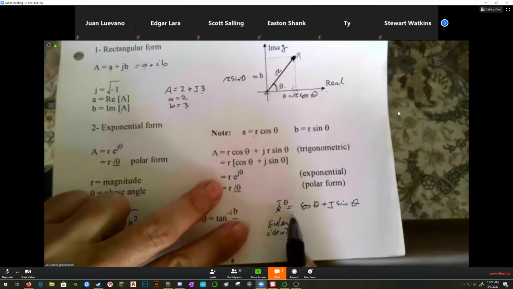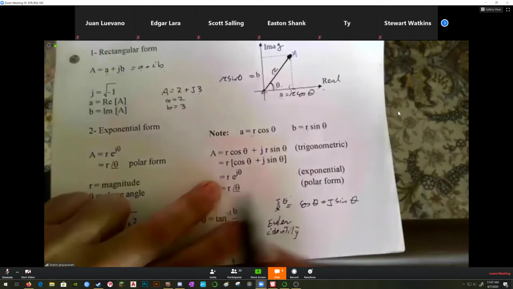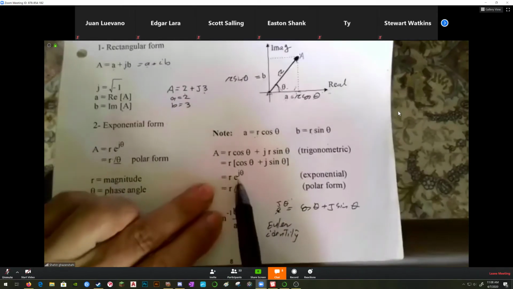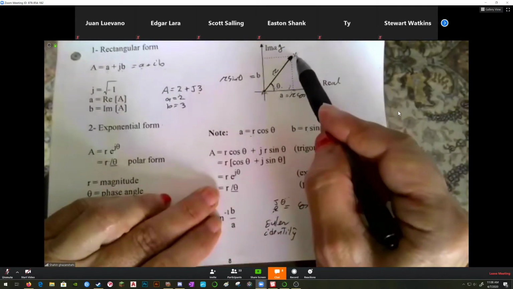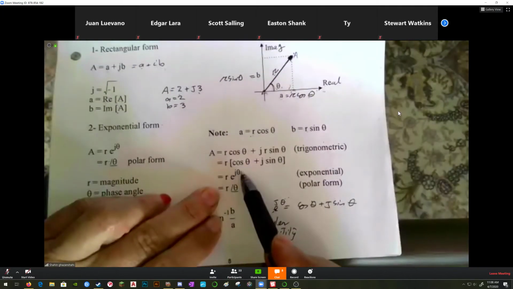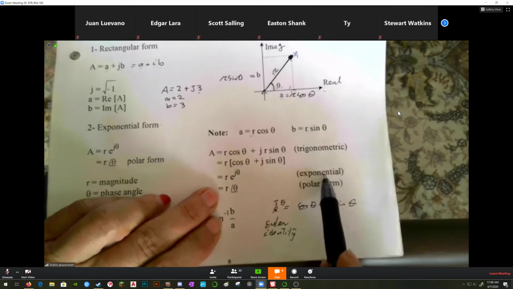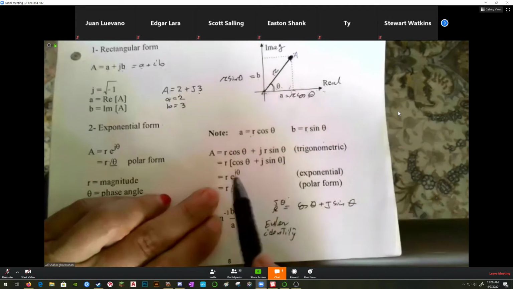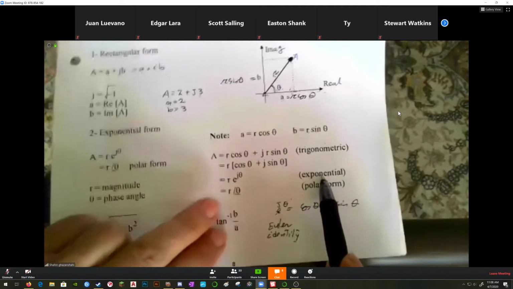Do you guys remember this? So using this, I can also show the complex number A as R exponential of J theta, which is called exponential form. So this form is called trigonometric, and this is called exponential form.